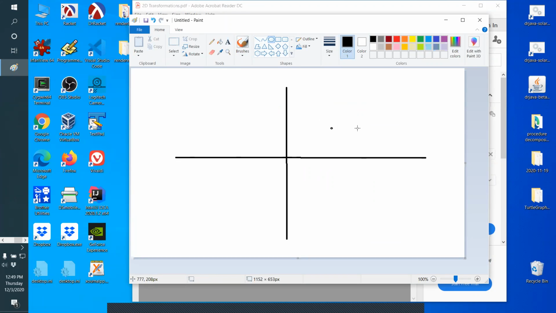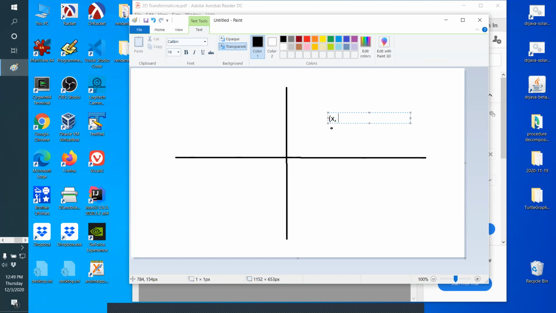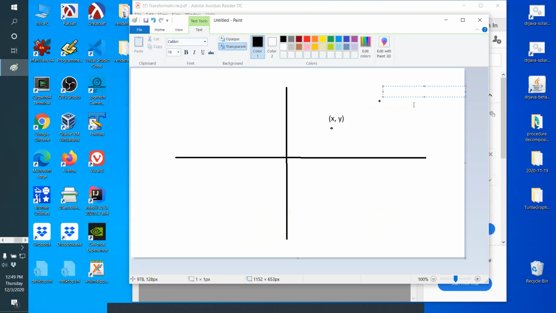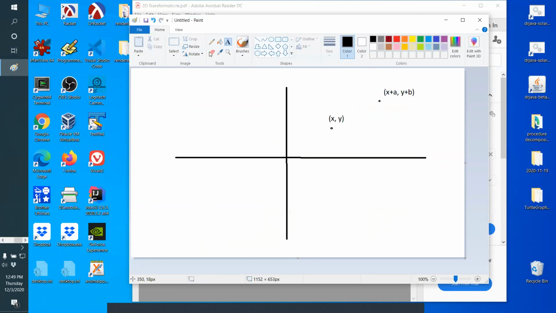If I want to translate, the point has coordinates x, y, and I want to translate it over here, from there to there. So that would be the point x plus a, y plus b.